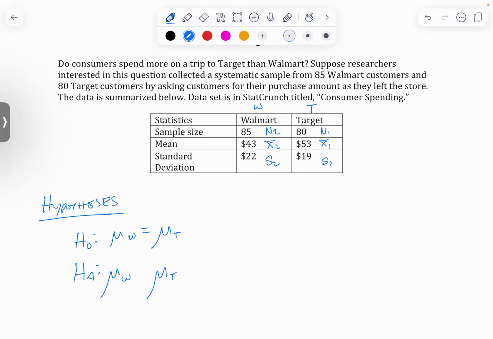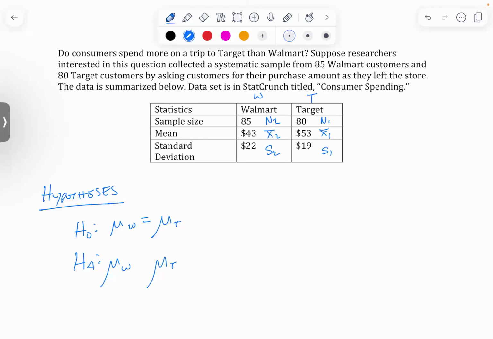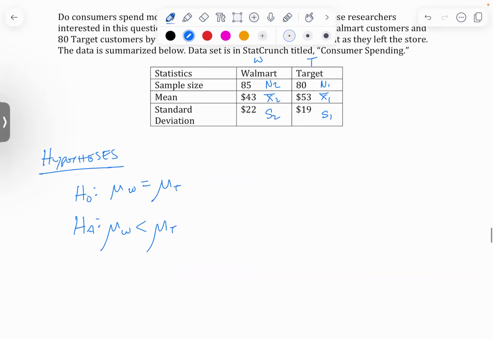So, do consumers spend more on a trip to Target than Walmart? Notice, Target is the bigger value. That means the inequality should be, the alligator should be eating the average of Target. This is absolutely how you should write your hypotheses every time. And that's how you would interpret it.